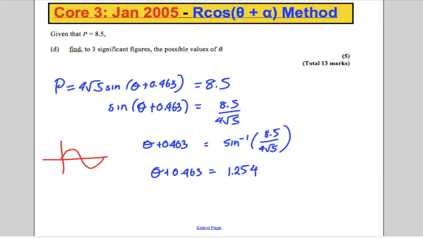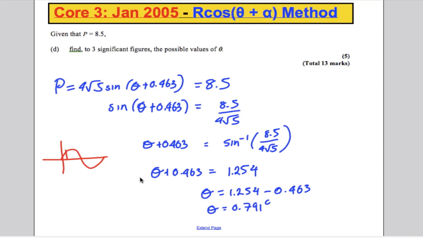So we've got an angle here of 1.25. So therefore theta must be 1.254 subtract 0.463, and you get that theta is equal to 0.791 radians.